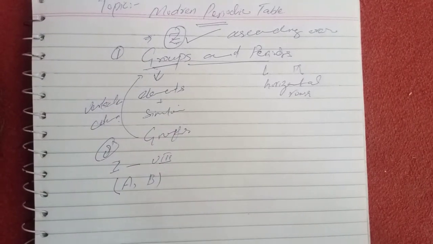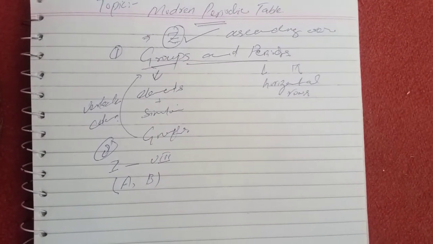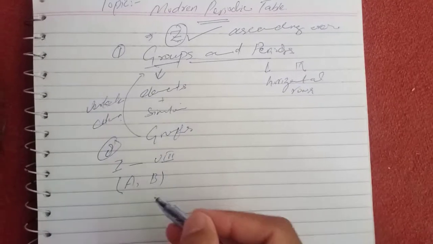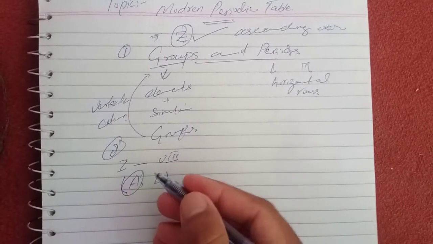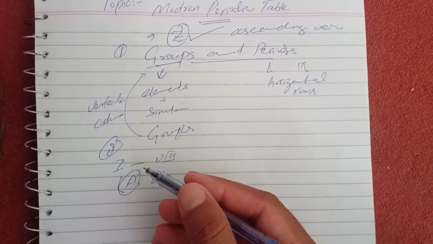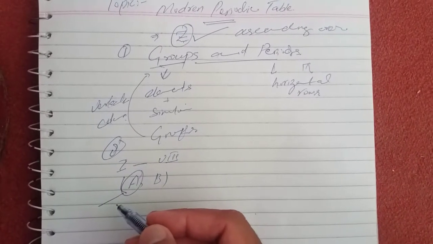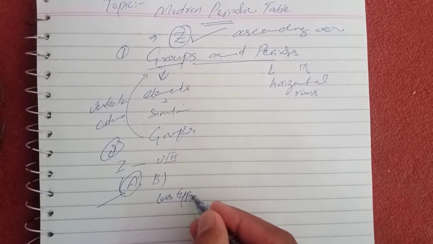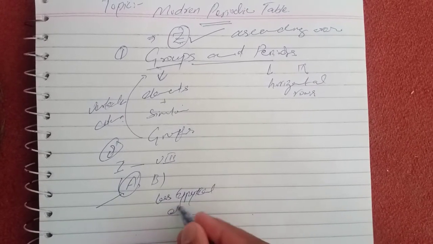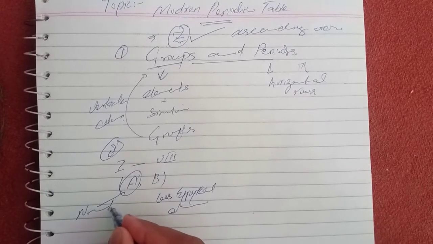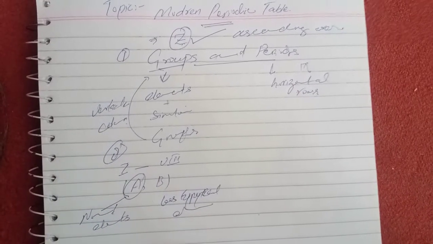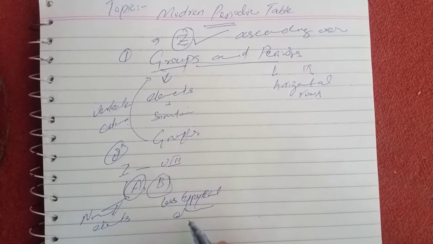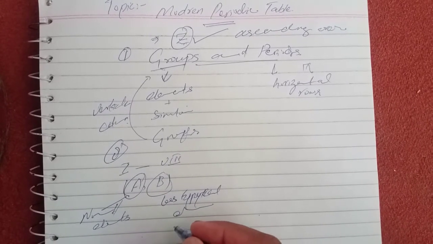The A subgroup contains representative or normal elements, and the B subgroups contain less typical elements, which are called transition elements.